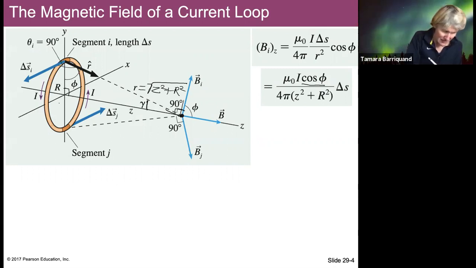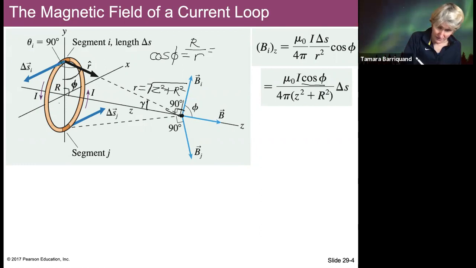And so that means that this angle up here is angle phi, which we already saw earlier too. If this angle is angle phi, we know that cosine is going to be adjacent over hypotenuse. So cosine phi is equal to the adjacent, which will be capital R, over the hypotenuse, which will be little r. And we know that little r is the square root of z squared plus R squared, to the 1/2.